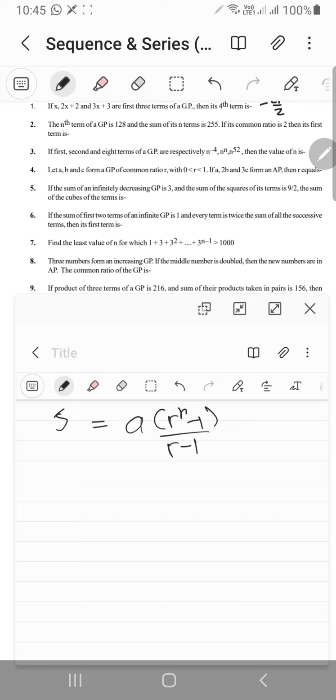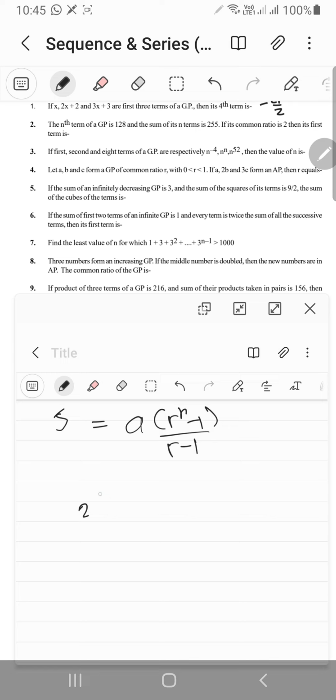So the last term is 255, then 255 upon 2. Oh wait, the last term is 128. Yeah, so it's 128. Hey, you know what, 128 is 2 power 7, I think. Is it 2 power 7?